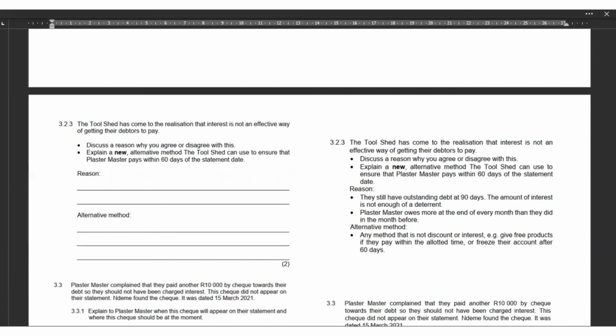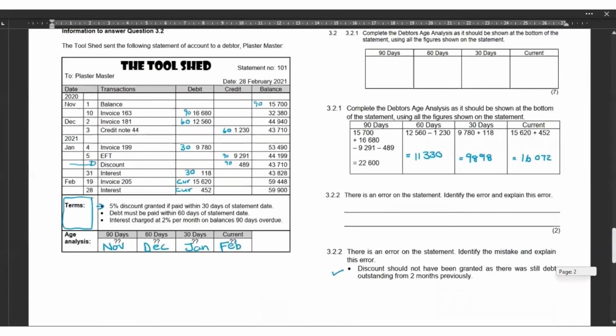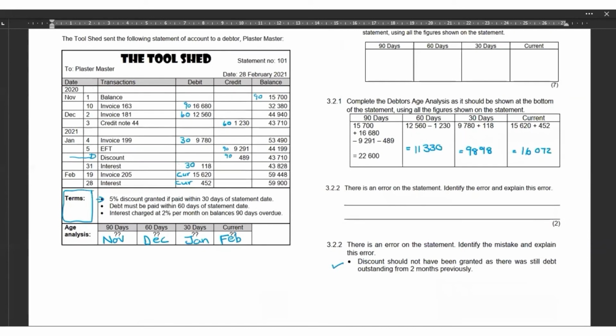So you have to give a reason and justify your reason. Don't just say, I agree or I disagree. Please tell me why you agree or why you disagree. And then your alternative method, and give me a good alternative method, something that you think is going to work, and tell me why.